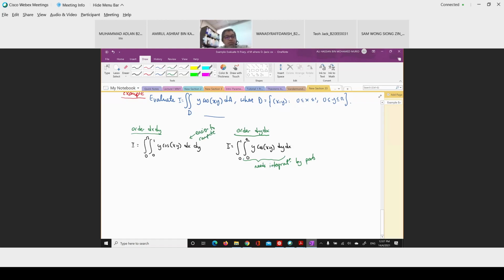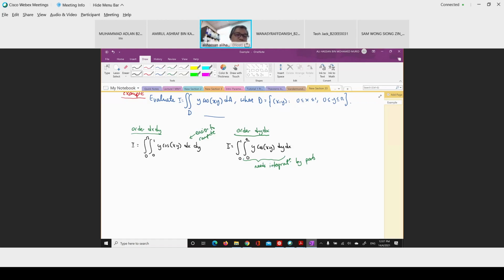It should be easier using the order dx dy than the order dy dx, because for the order dx dy we can integrate directly without having to use integration by parts.